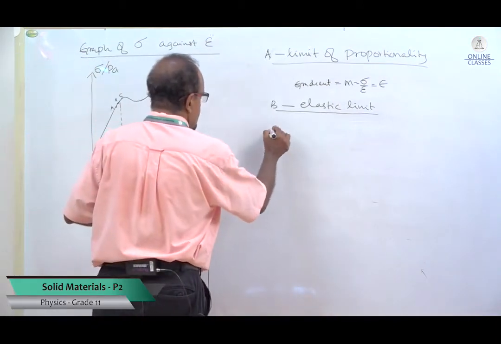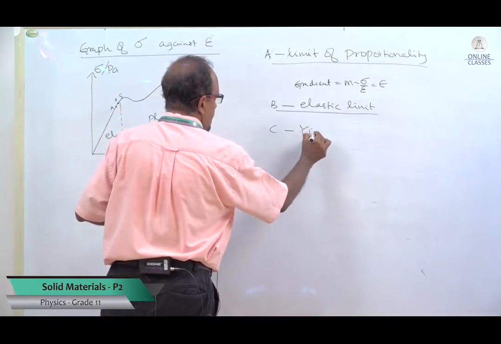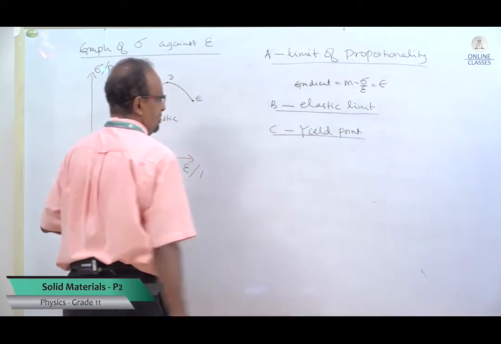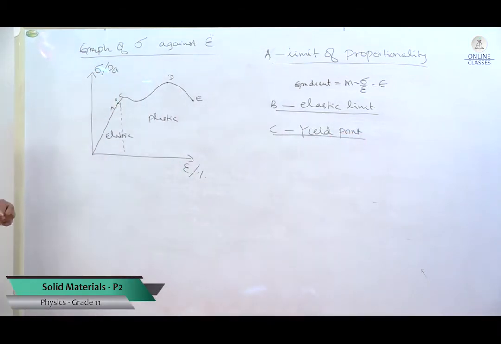Then we go to C, which we call the yield point. We have learned this already. For a small change in stress, there will be a large change in strain. At that point, if you change the stress by a small amount, the strain, or extension, will change by a large amount.